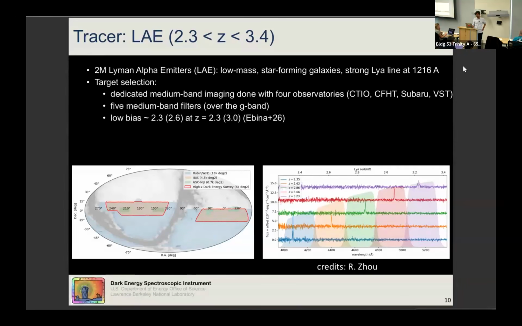It's like taking your g band and slicing it into five bands, so you can get much finer information. It's pretty efficient, and there's an ongoing imaging survey built for that, using DECam, CFHT MegaCam, HSC on Subaru, and the VST.